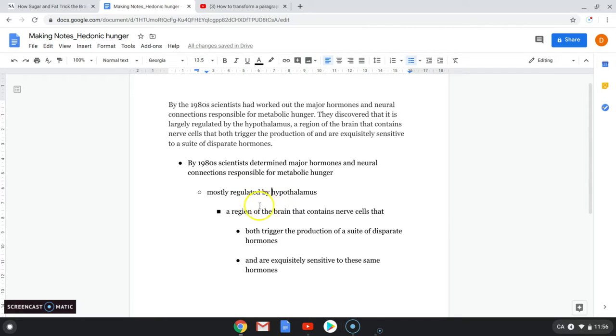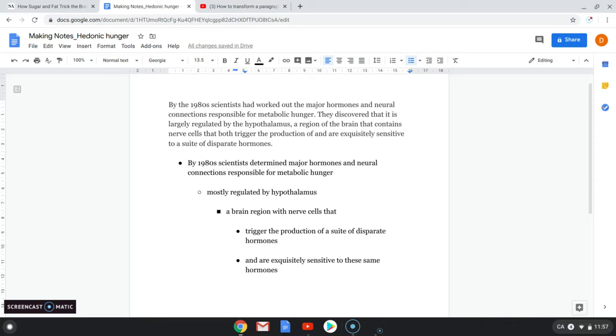Like that. And then a region of the brain, well, that's a long way of saying a brain region. And that contains, let's make that shorter and go with brain region with nerve cells. That, you don't need the word both, that trigger the production of a suite of disparate hormones. Now, you guys are learning English, and so you might want to keep the vocabulary that pushes you to learn stuff.